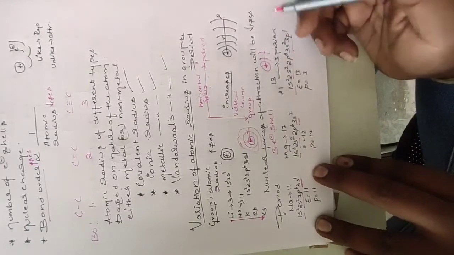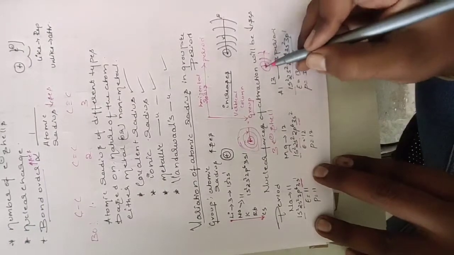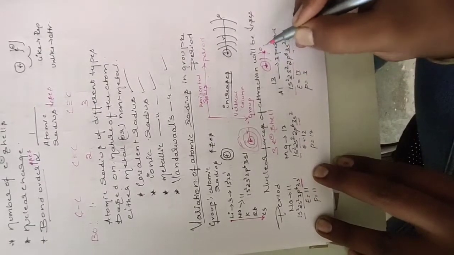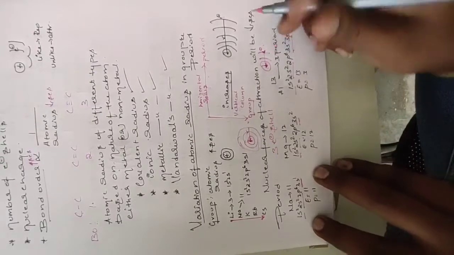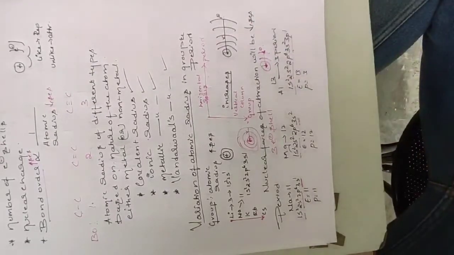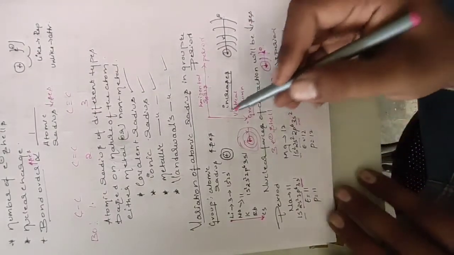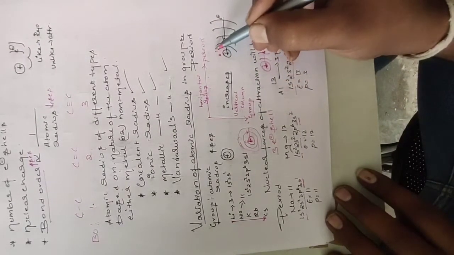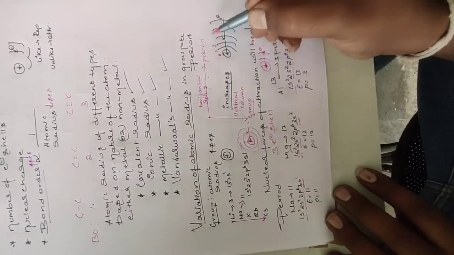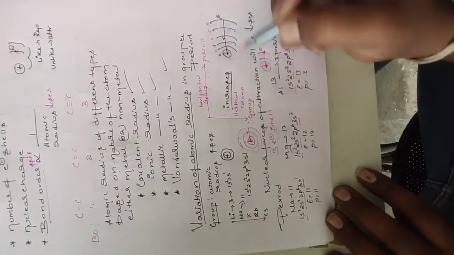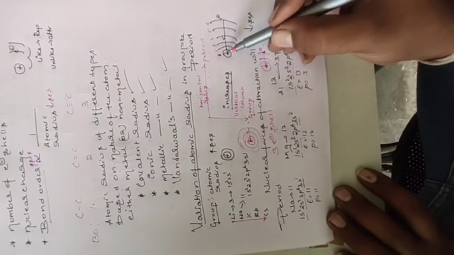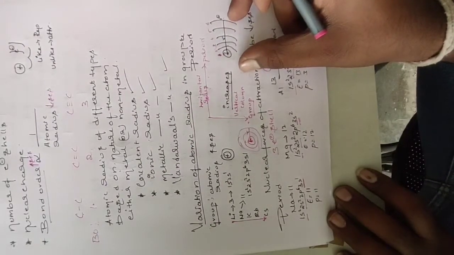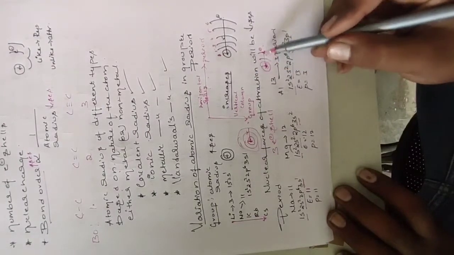Why does it decrease? Nuclear charge increases, meaning the attraction between the nucleus and the electrons of the valence shell increases, because the electrons are nearer. Going down the group, the radius goes on increasing: 1s, second, third, fourth, fifth, sixth orbitals. As the number of orbitals increases, the atomic radius increases. Here the atomic radius is small.